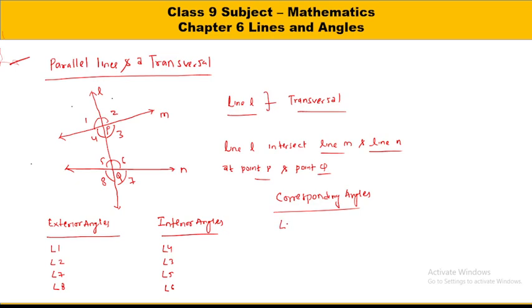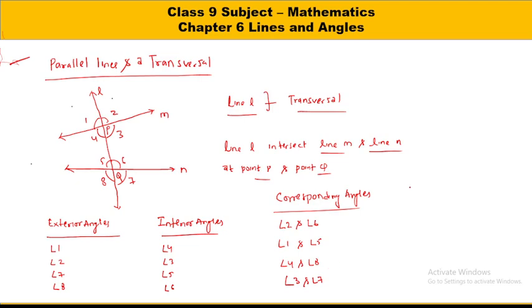So angle 2 and angle 6 are corresponding angles. Angle 1 and angle 5 are corresponding angles. Similarly, angle 4 and angle 8 is a pair of corresponding angles. Angle 3 and angle 7 is a pair of corresponding angles.